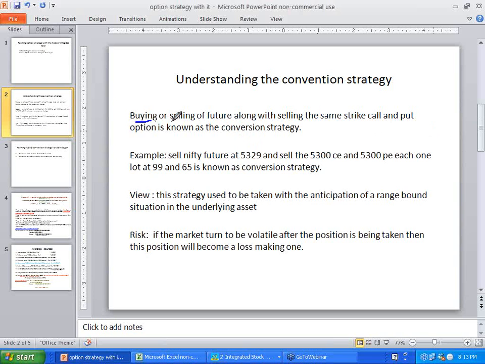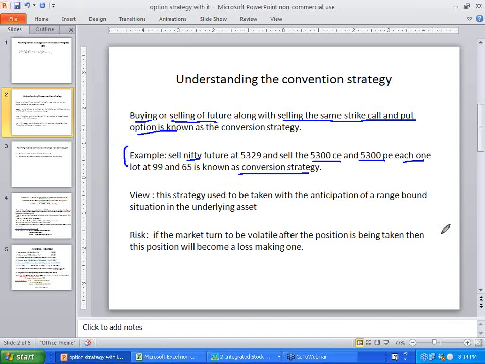Buying or selling a future along with selling the same strike call option and put option is known as the conversion strategy. For example, you either sell Nifty future or buy Nifty future, along with selling a 5300 call option and put option, one lot each. This is called a conversion strategy.